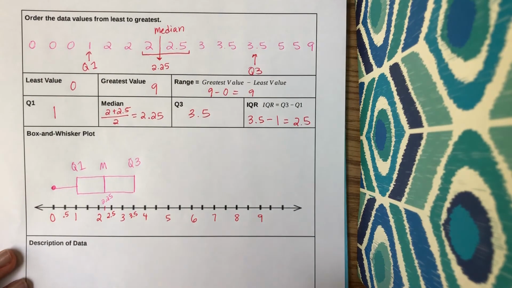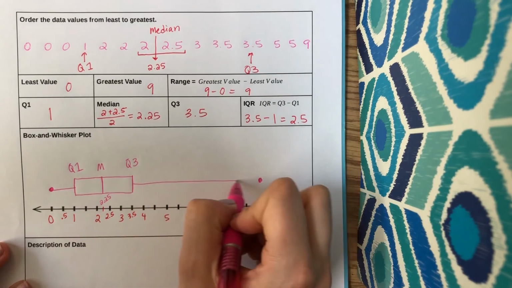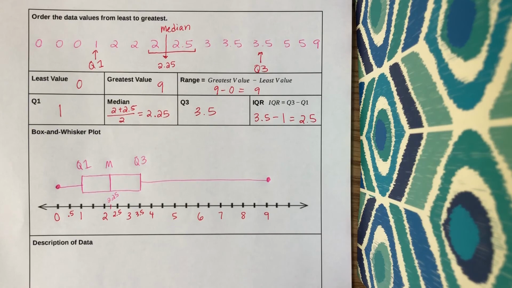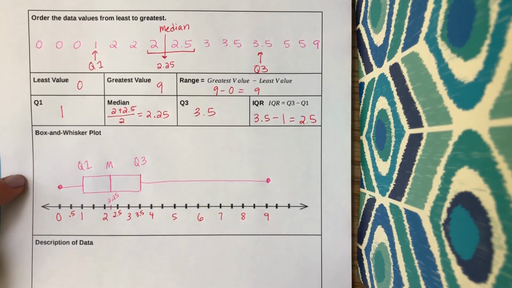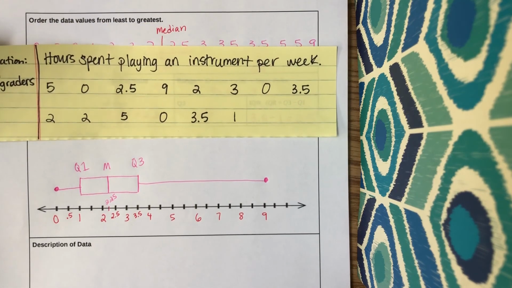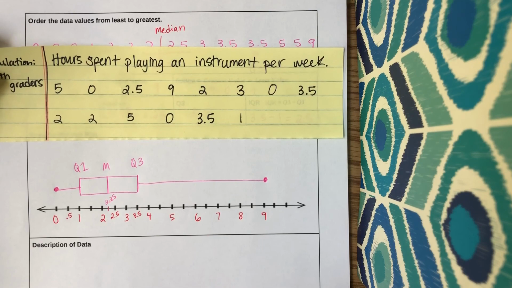And then I'll put a dot above 9 way up here, and I'll draw the line all the way to 9. So here I have just created the box and whisker plot for my data about how many hours are spent playing an instrument every week by 7th graders, and I will do a separate video to talk about how to describe that data.